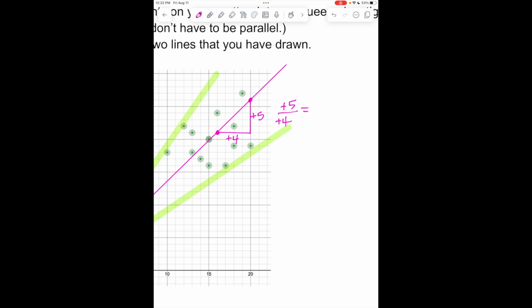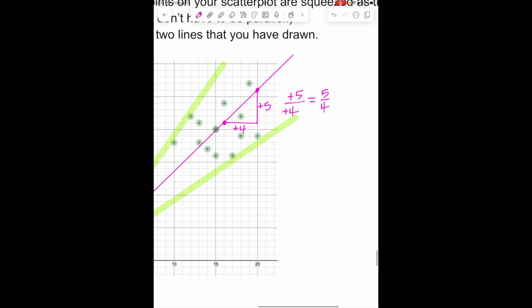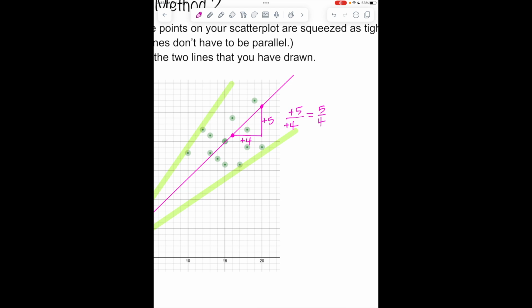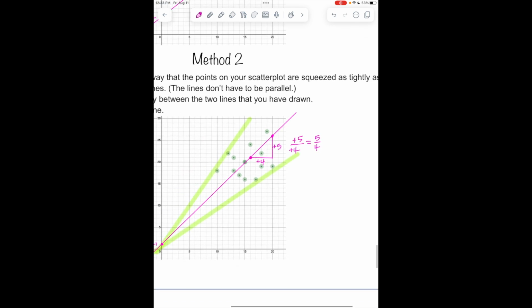This does not simplify to a whole number, so I am going to leave it as a fraction. Whenever I'm dealing with slope, leave it as a fraction, because if you have to go back and graph it, it is way easier to graph rise over run than it is to try to estimate, like, okay, what's 1.2? So even if it's a nice number, when you divide it, leave it as a fraction.